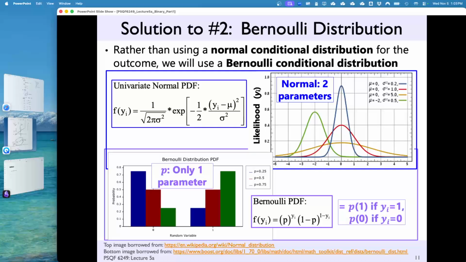So p stands for the probability. The Bernoulli distribution has one parameter, a probability. It describes the probability of a 1. If y can either be 0 or 1, when y is 1, the probability is p, and when y is 0, the probability is 1 minus p, the complement of that probability.